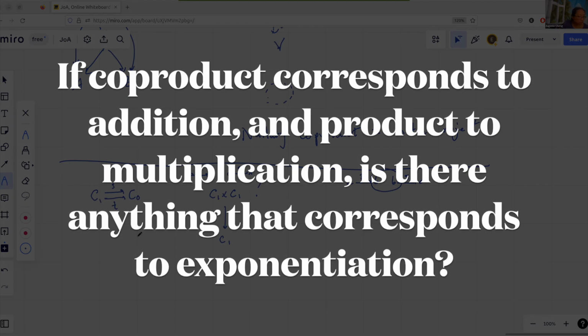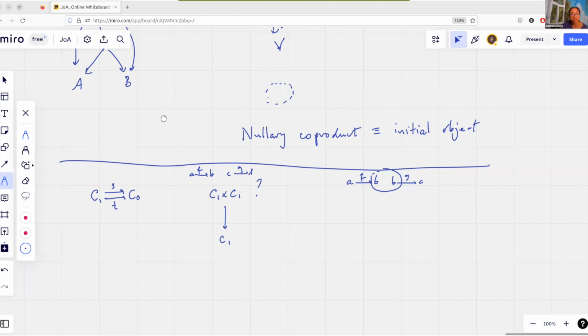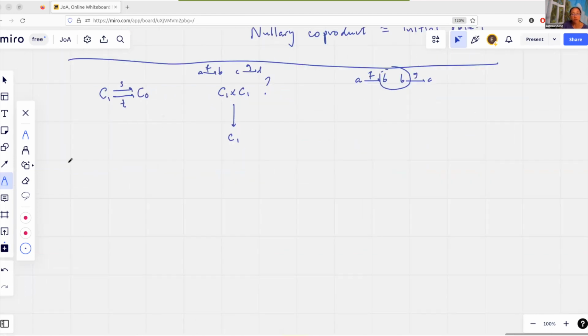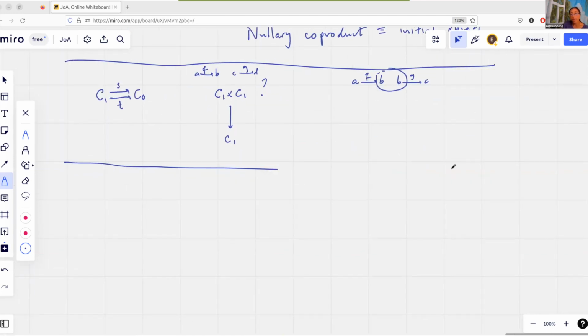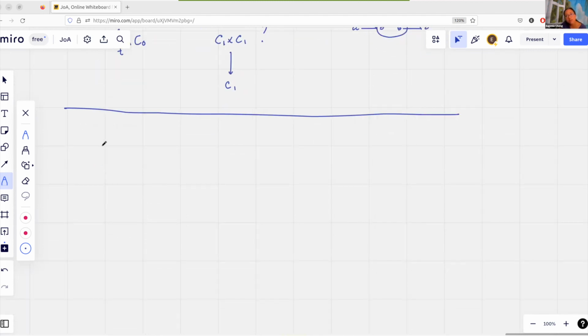If coproduct corresponds to addition and product corresponds to multiplication, would anything correspond to exponentiation? Great question. There are two different ways to think about exponentiation, and they turn out to be the same in the most restricted context, but then they diverge in more general situations.